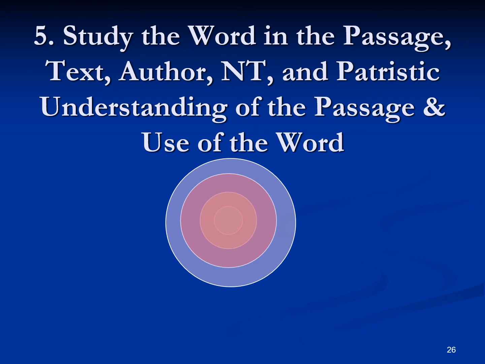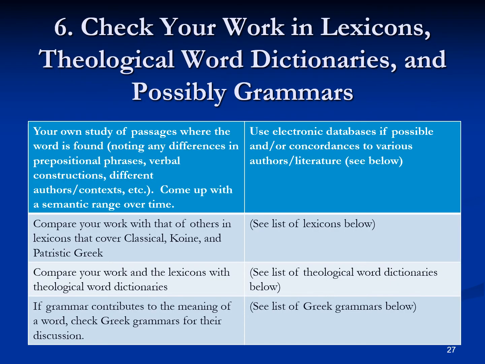So again, the context, the most specific context, is what's going to weigh on the meaning of the word, but studying the text in these other circles can help us get at the meaning of the word. So you may check your work then in lexicons and theological word dictionaries and possible grammars that are going to refer to the meaning of the words in other texts.